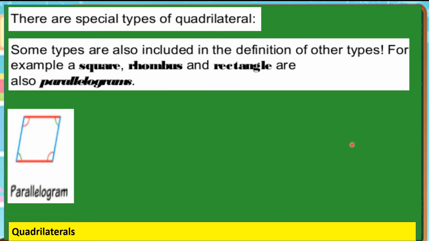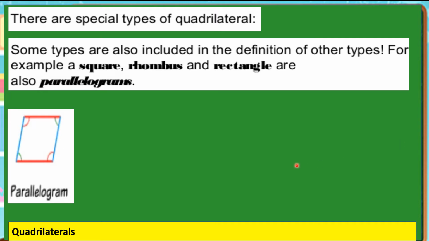So here is the parallelogram where opposite sides are parallel. So itong red na to at saka yung sa baba, they are parallel. The blue lines forming the parallelogram are also parallel, and congruent.